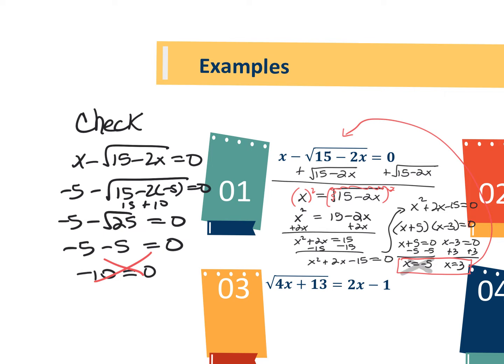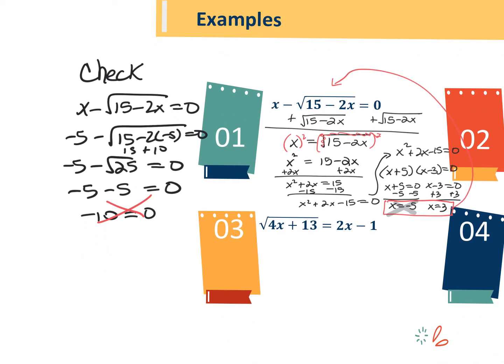Now, don't automatically assume that because the first one didn't work, the second one will. You could find that they both work, or neither of them work. So you always have to check everything. So now I've got to do the check on the next one as well. So I'm going to plug in, and I get 3 minus the square root of 15 minus 2 times 3.